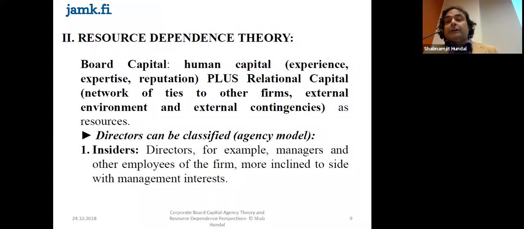The board capital of a company comprises two capitals. The board capital includes, as you can see, human capital and relational capital.